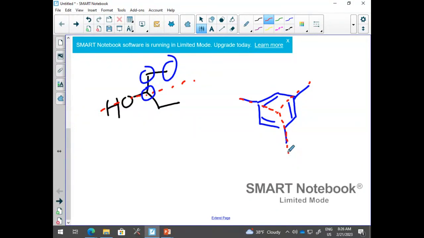So if we cut it in one third, the unique carbons are: this is one unique carbon, this is another unique carbon, and this is the third unique carbon. Because it has a threefold rotation axis, you only have 3 unique carbons.